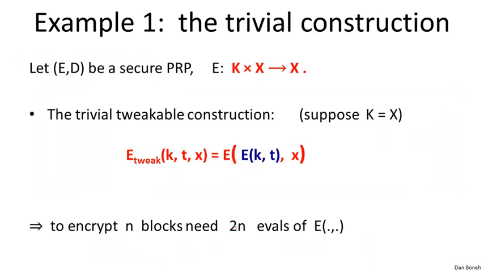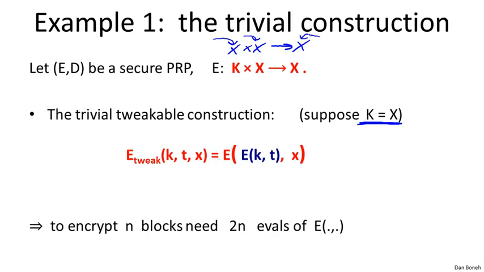Okay, very good. So let's look at some examples. We already looked at the trivial example. In the trivial example, we assume that the key space is equal to the input space, so this PRP really acts on X times X to X. Think of AES, for example, where the key space is 128 bits, the data space is 128 bits, and of course the output is 128 bits.